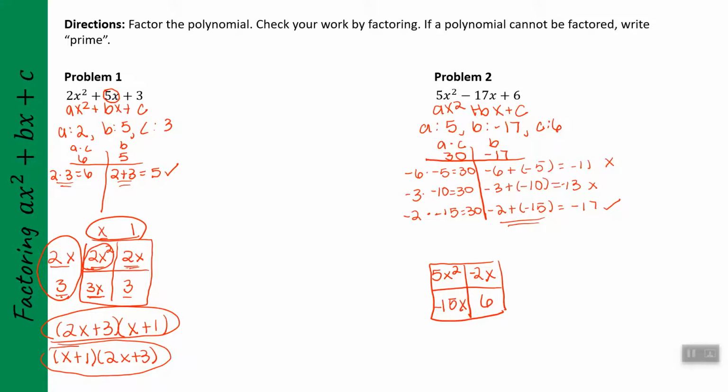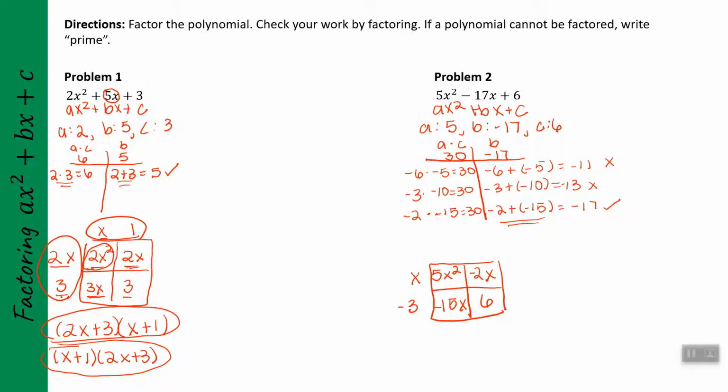Greatest common factor between 5x squared and negative 2x. Well, they don't have a coefficient in common, but they both have an x. Between negative 15x and 6, well, they don't have a variable in common, but they both have a negative 3. You might ask, hey, when do I know to pull out a negative? I always like to pull out the negative when the first column is negative.